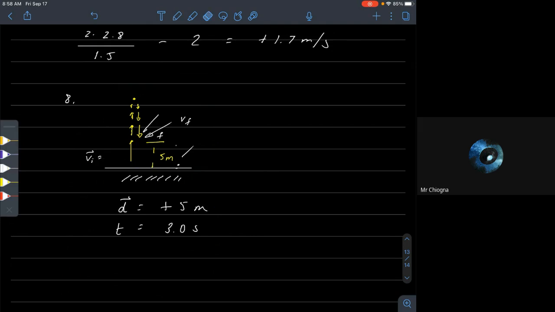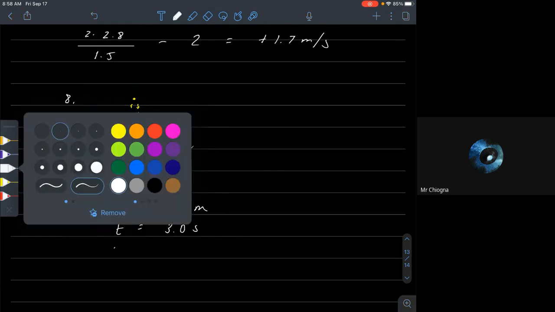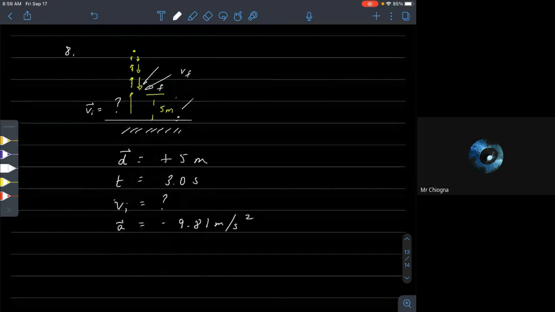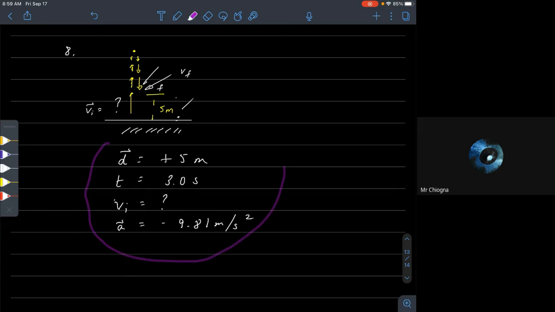So that's an unknown. And acceleration, whether it's moving up or down, it's always 9.81 negative. So which equation do you think I should use? Given this list, which equation do you think I should use?